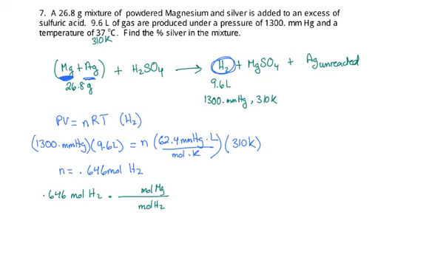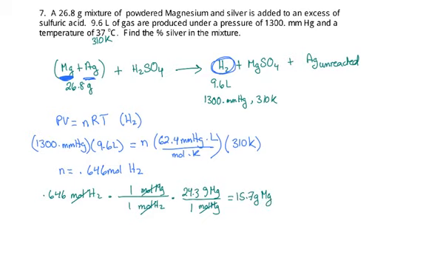And from my reaction, it's a 1-to-1 ratio. That gives me moles of magnesium that reacted. Then I can go to grams of magnesium: moles of magnesium on the bottom, grams of magnesium on top. 1 mole is 24.3 grams. And so I end up with 15.7 grams of magnesium.